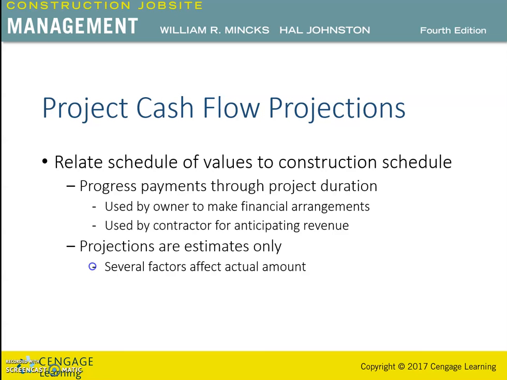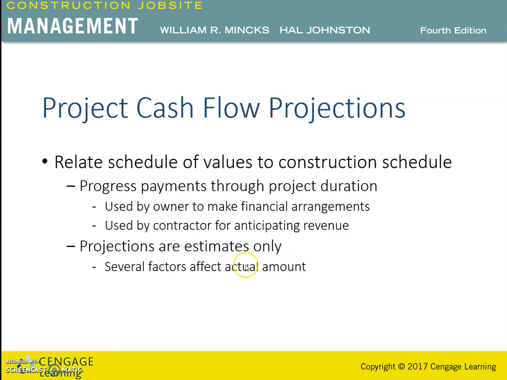So, several factors can affect the actual amount of progress payments at each period, producing a variance from the projection: late or early delivery of materials, late or early completion of work activities, revision in sequencing of work activities, and the disproportionate completion of the work activities in their scheduled time period.